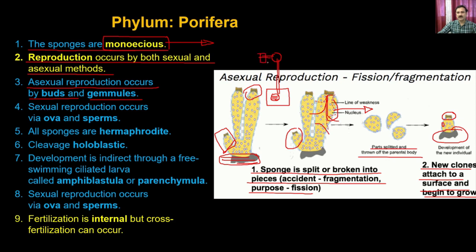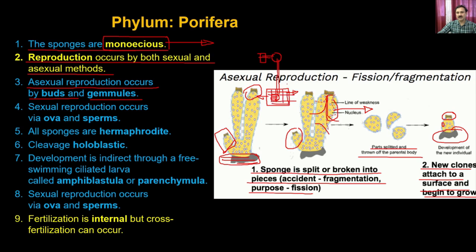So you can imagine I have tied a big rock with the help of a chain, and that chain is bound to a surface outside. Then this rock floats in the ocean, and the sponge is going to grow all over this particular rock.